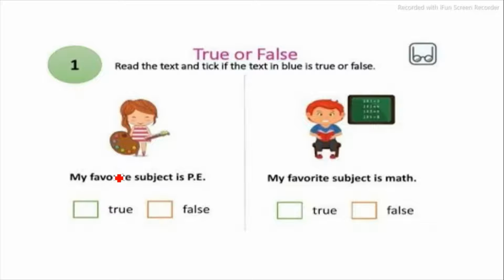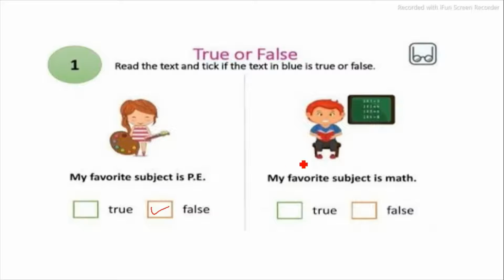You learn about exercise and sports. So the picture is a girl with a paintbrush and paint, and my favorite subject is PE. So this text is false. We need to put a tick in the false box.